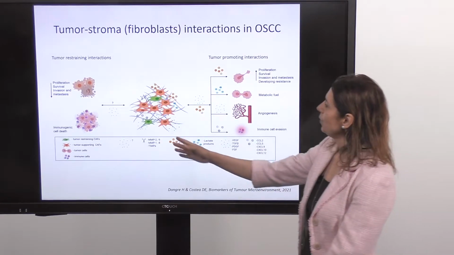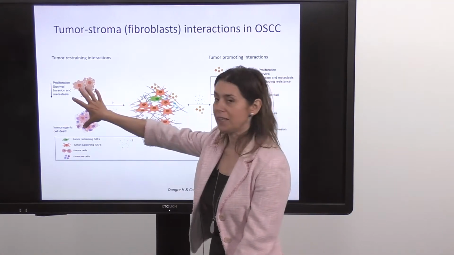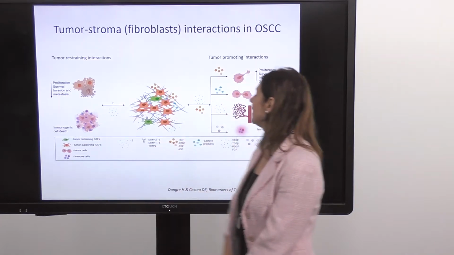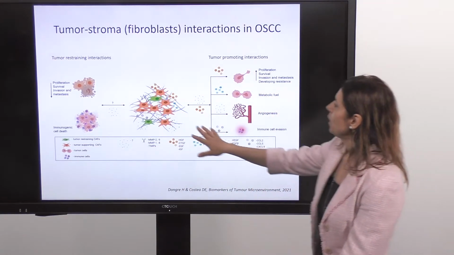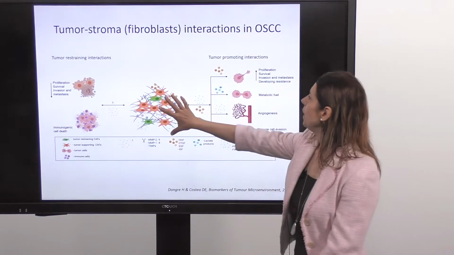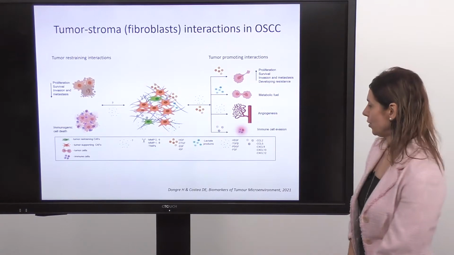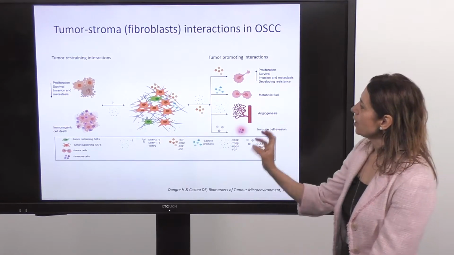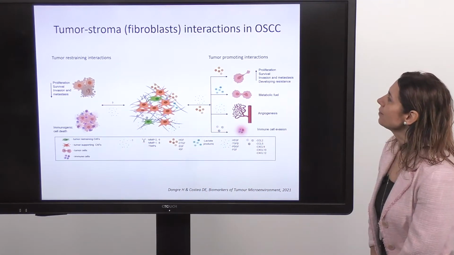Here in green is depicted a subpopulation that seems to have tumor-restraining abilities, while the majority of the studies, and a lot of the focus, have been on the fibroblasts depicted in brown, which have been shown to have tumor-promoting interactions. So I would like to start looking a bit into this less explored area.